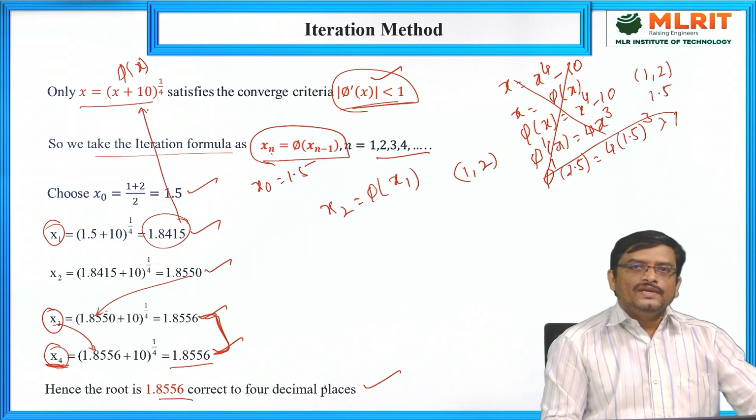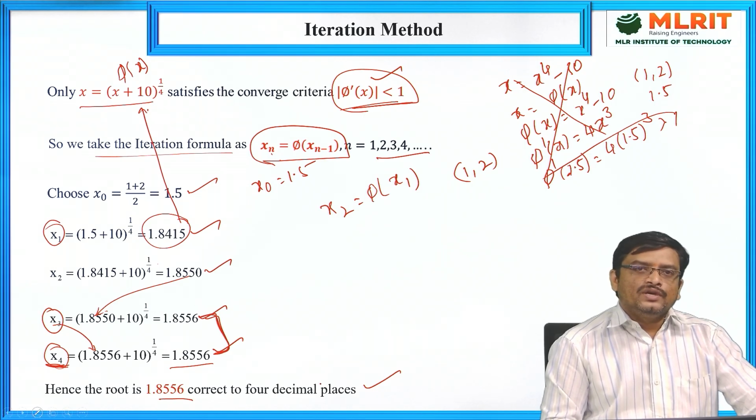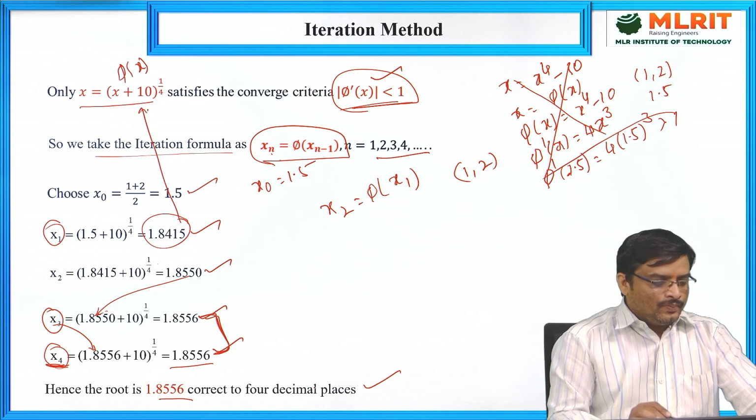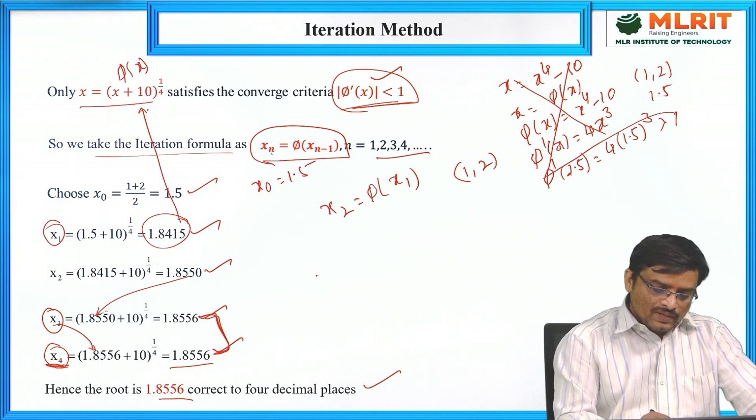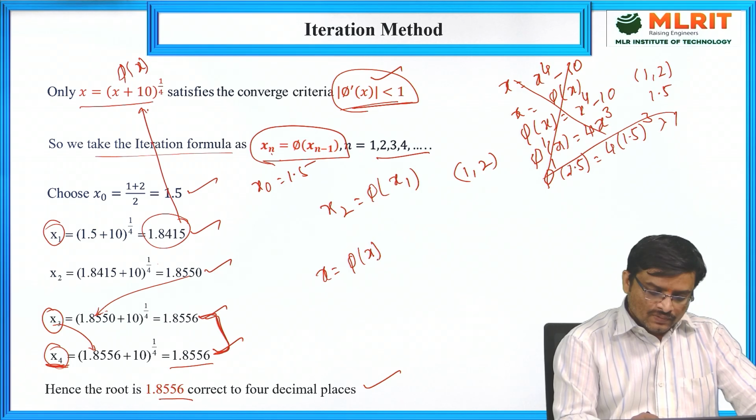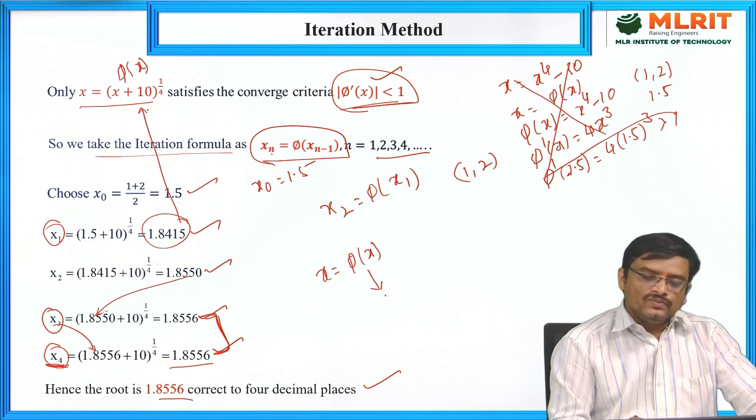So this is the simple iteration method. Using the iteration method and getting the required root is very simple, but here we must be very careful while converting to x is equal to phi of x, and taking the value of x is very important here.